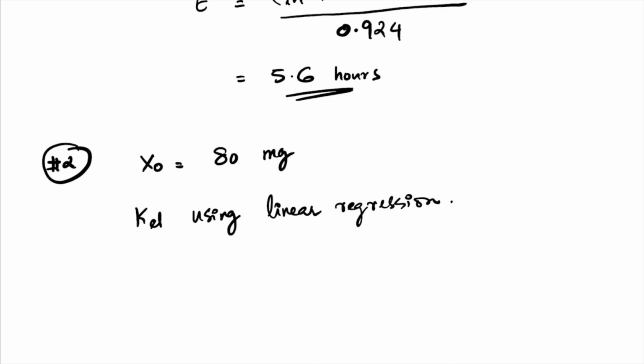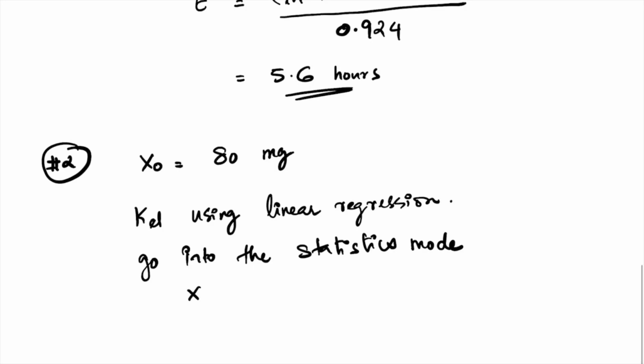In this case, what we have to do is go into the statistics mode. And then for x, you will enter time: 0.5, 1, 2, 4, 8, etc. And for y, you have to enter natural log of this concentration that is given in the table.